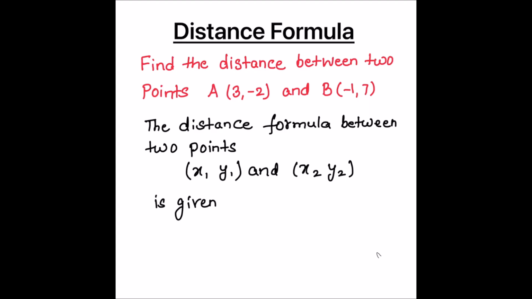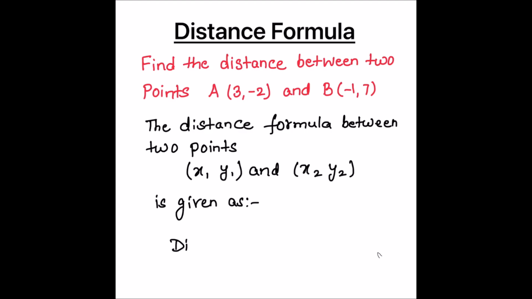And the formula is distance equals square root of (x2 minus x1) whole square plus (y2 minus y1) whole square. So this is our basic distance formula between points x1, y1 and x2, y2.